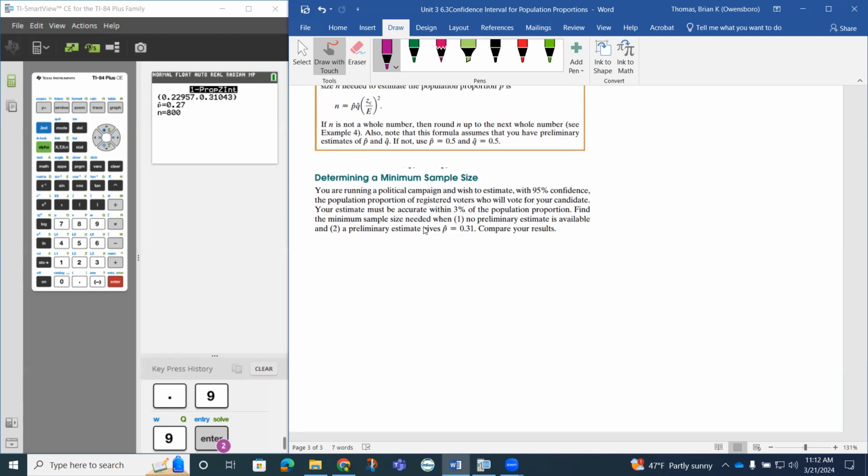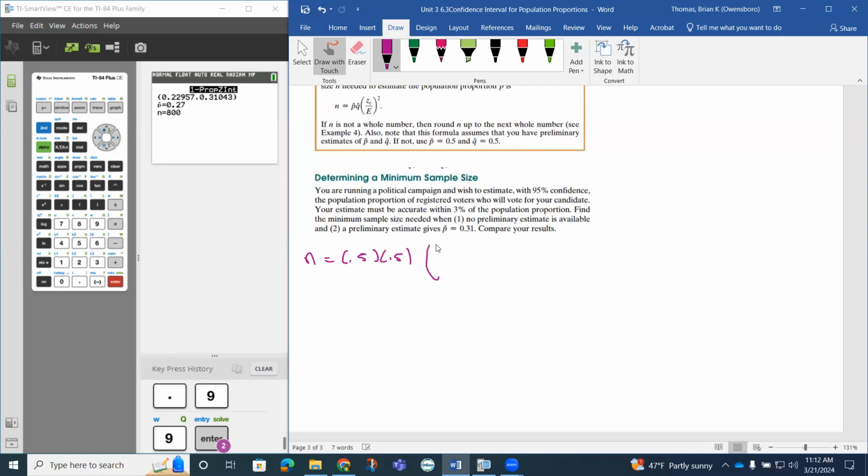Find the minimum sample size when, one, no preliminary estimate is available. So they want us to find n, but if there's no preliminary estimate available, we're going to use 0.5 and 0.5 for those.